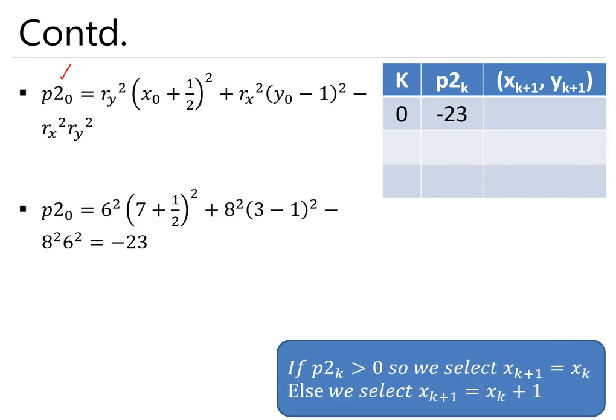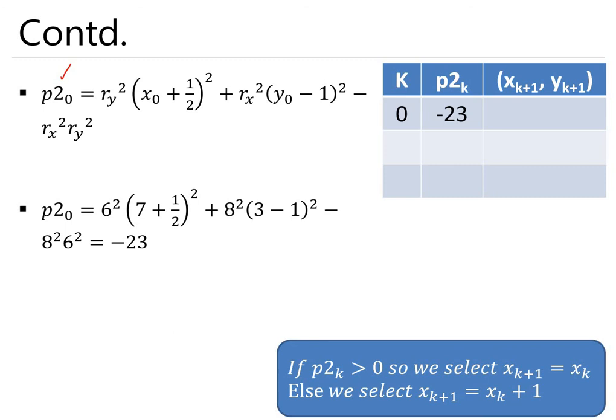When it is negative, we select xk plus 1 equals xk plus 1. In this case, now we make changes on the x-axis, not on the y-axis. The y-axis will decrease no matter what, but we will make changes on the x-axis. So when it is less than 0, we select xk plus 1 equal to xk plus 1.